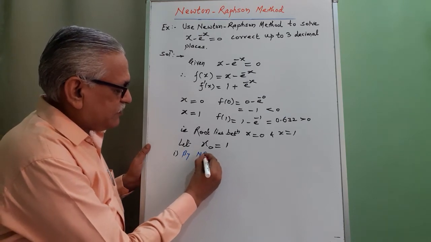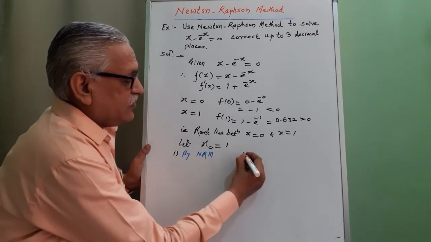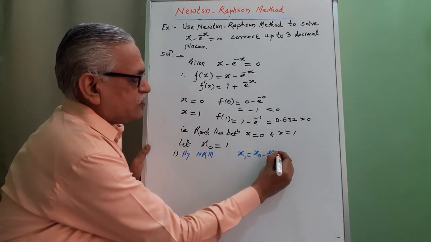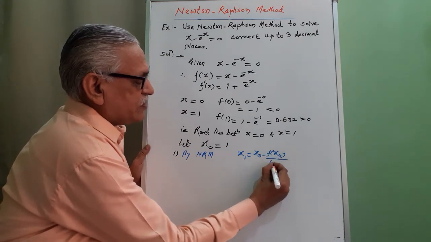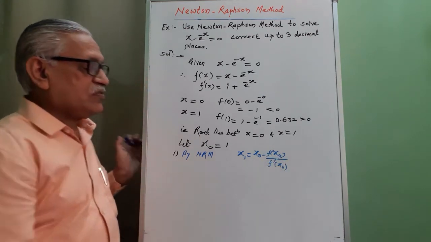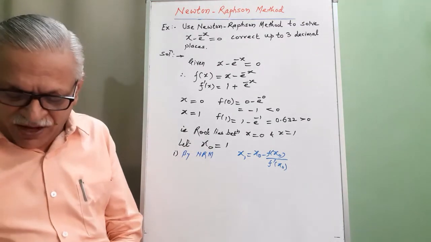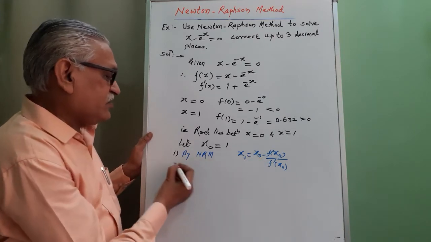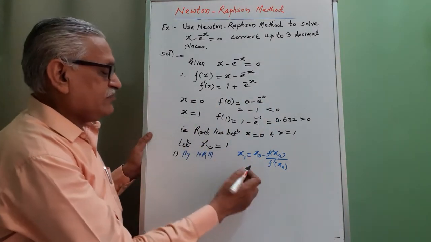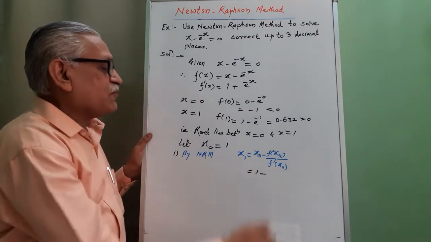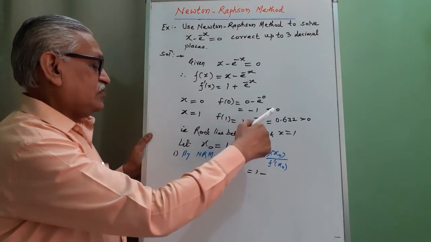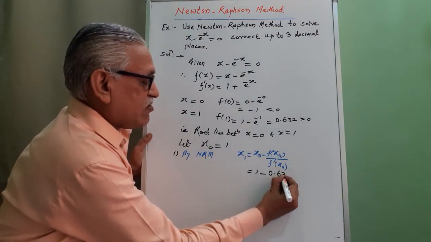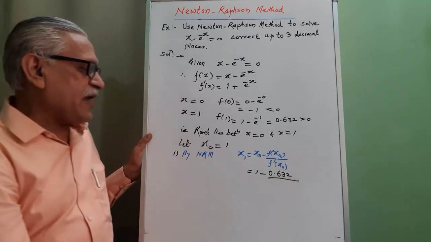By the Newton-Raphson method formula, we have x1 is equal to x0 minus f of x0 by f dash of x0. Substituting the corresponding values, we have x0 as 1, the corresponding function value is 0.632, divided by f dash of 1.